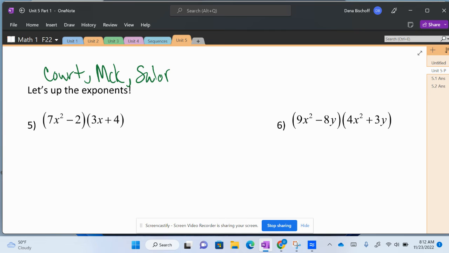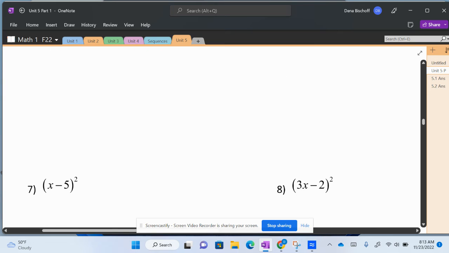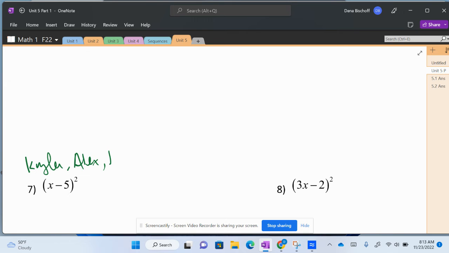If you also want to do number 5, that's fine, but wait till we assign them. Number 6, who's in charge of number 6? Cheyenne, Rosie, and Lorelai. Okay. Who's in charge of number 7? Tricky, Kaylee, Alexis, and Lainey. Okay. Who's in charge of number 8?